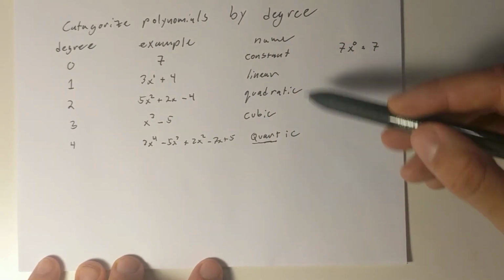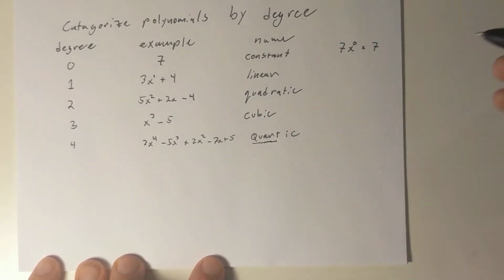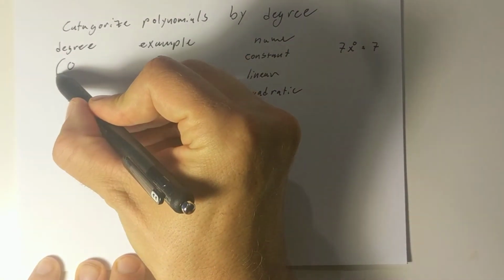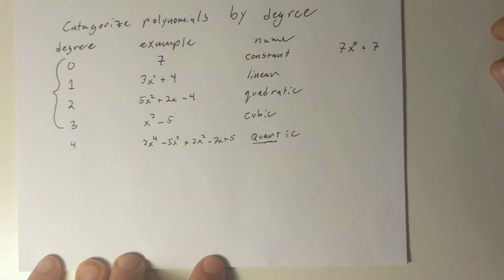This is pretty much as far as I'm going to ask you to know. In fact, I would probably only go down to about 3. 3 is pretty much the normal. However, there are many more names, so we can kind of go over them.